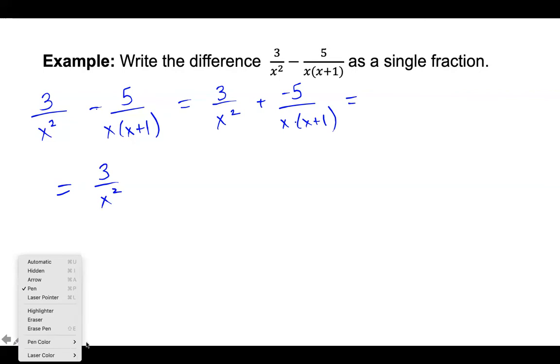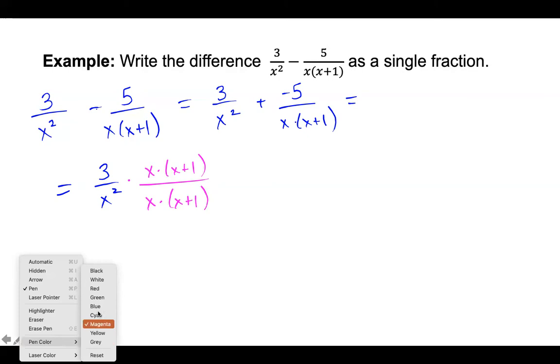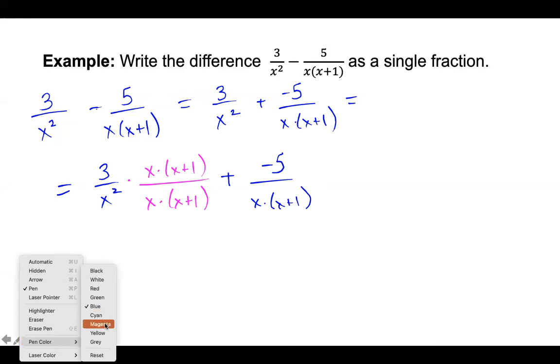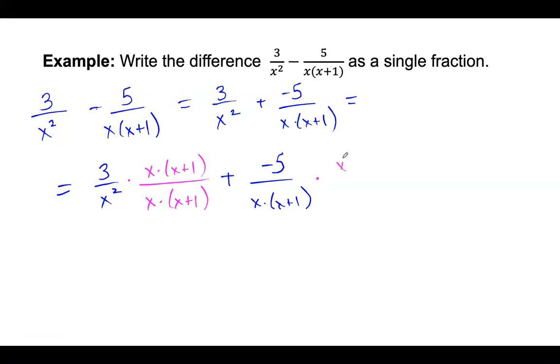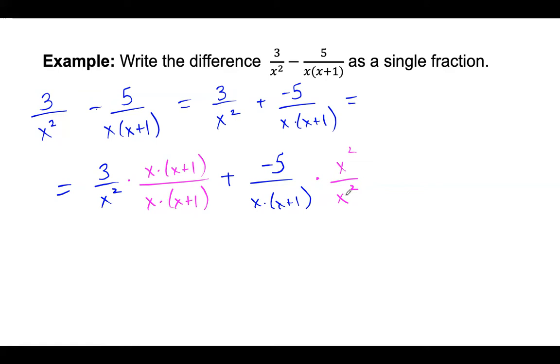We want to multiply it by a number like 1, which is x times x plus 1 divided by x times x plus 1. Plus negative 5 times x plus 1 times x squared over x squared. Because these are equal to 1.